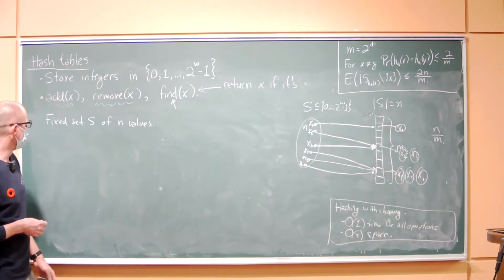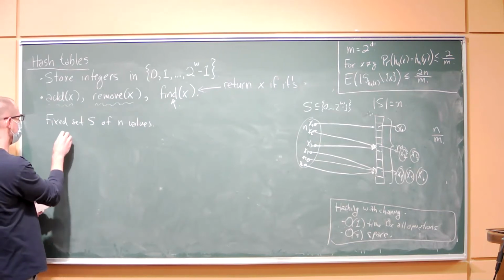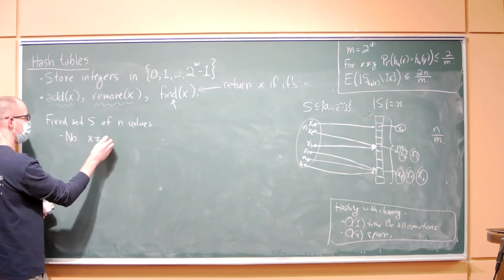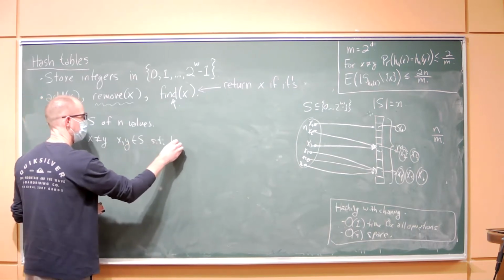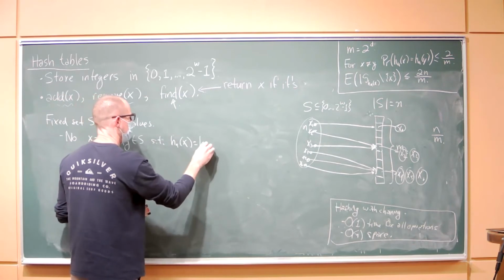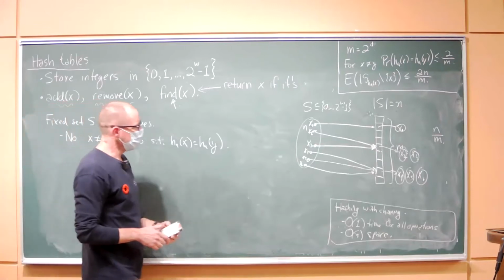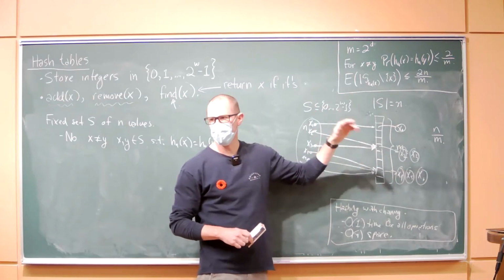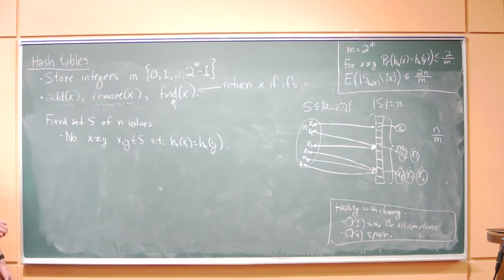So there are no X not equal to Y, with X, Y in S, such that h(X) equals h(Y). Because if I have two values like that, they have to go to the same table location and get stored in a chain. And maybe I have 3, maybe 4, maybe 100. So I want all those to go away.